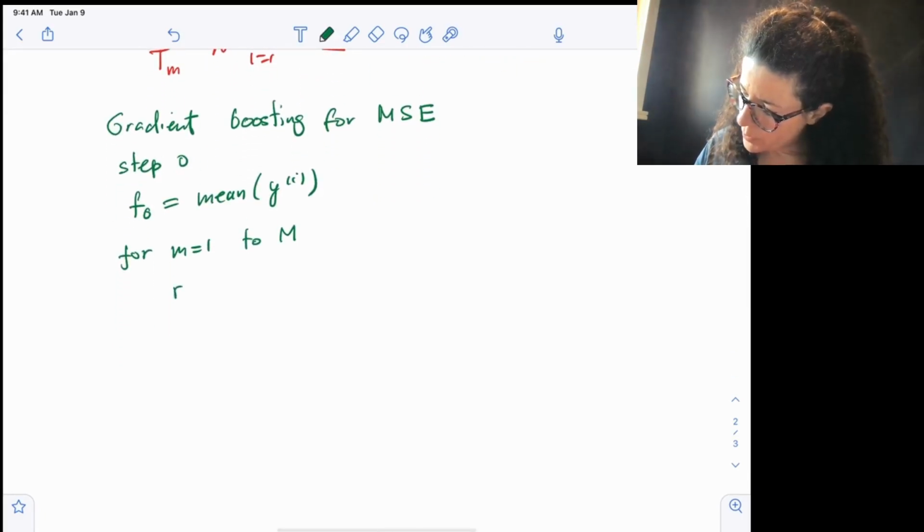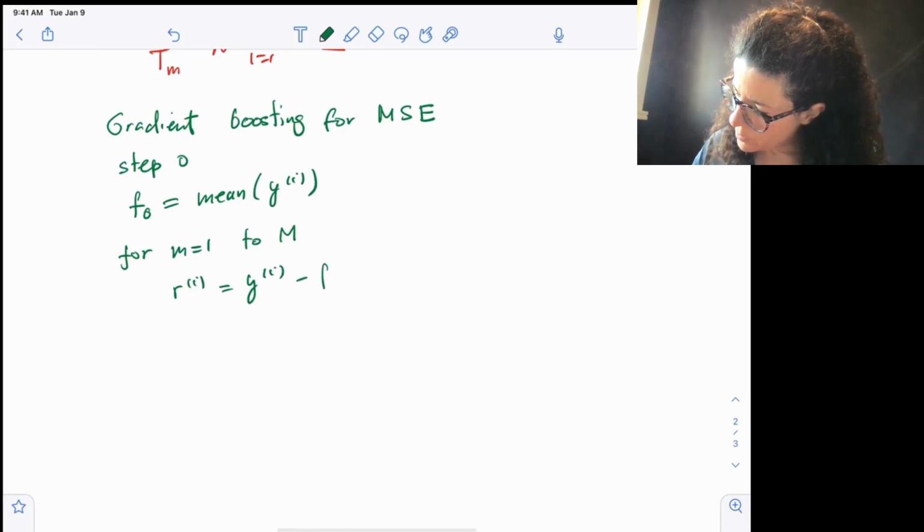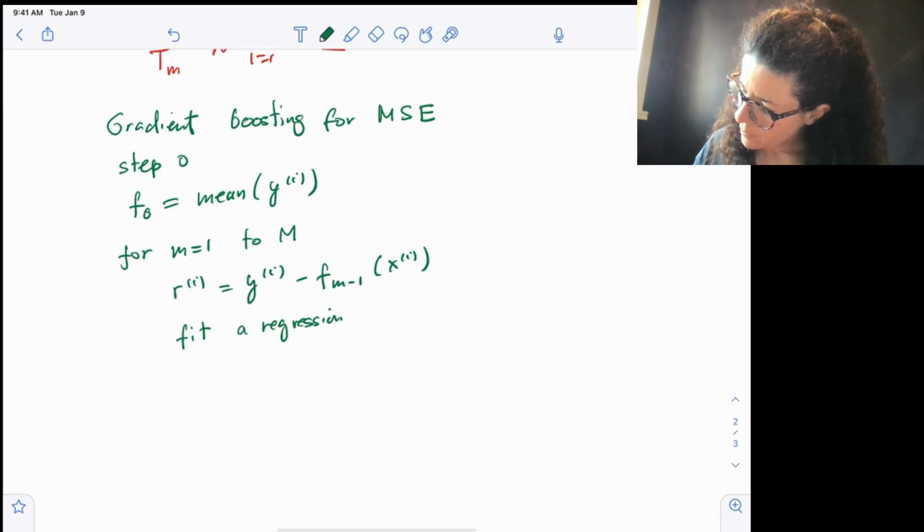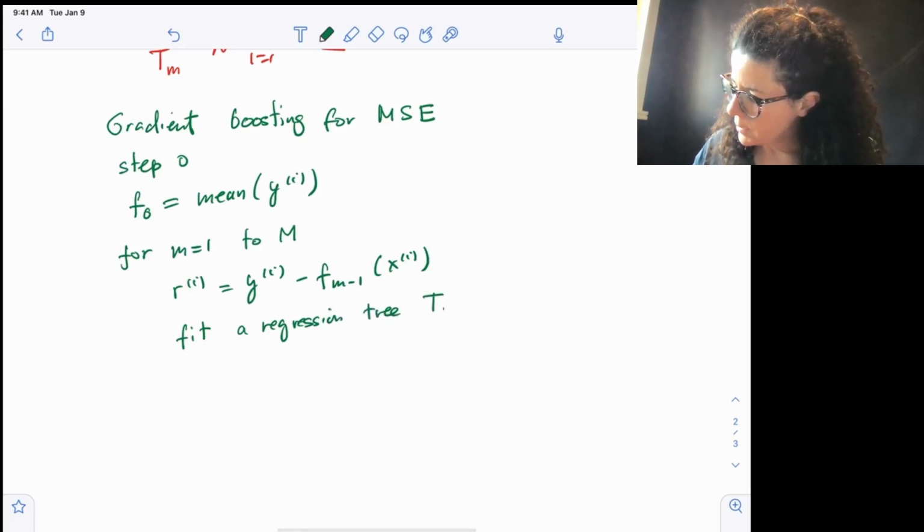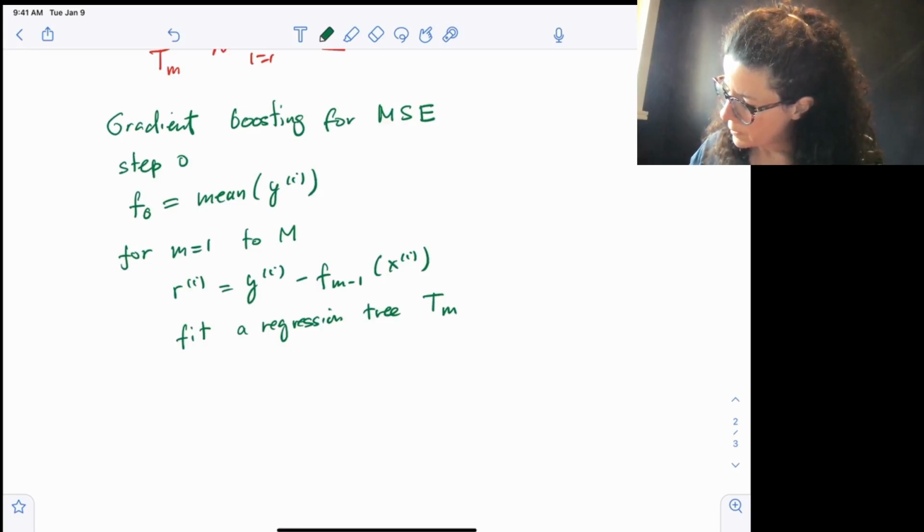First of all, we compute the residuals, which is yi minus fm minus 1 of xi. Then we fit a regression tree tm using the dataset xi, ri.